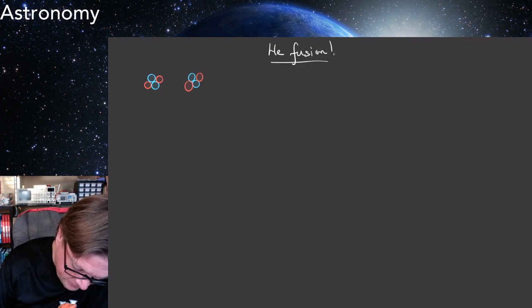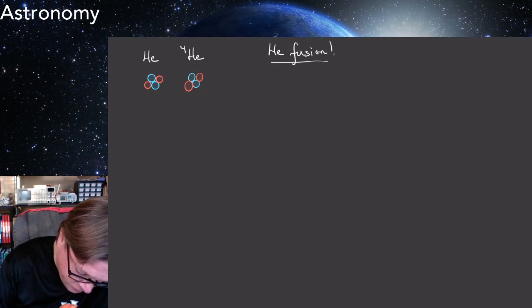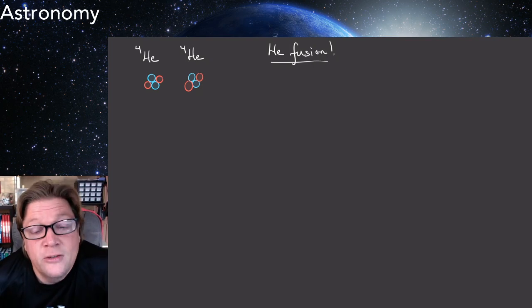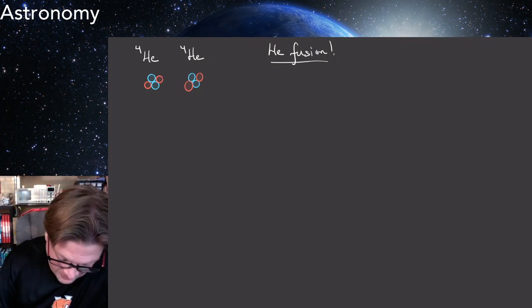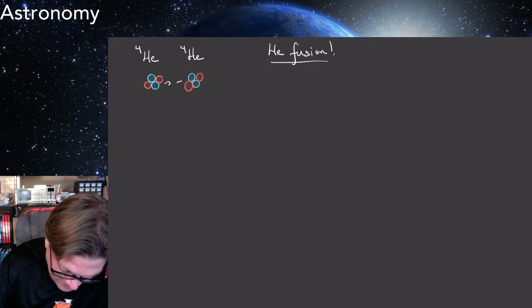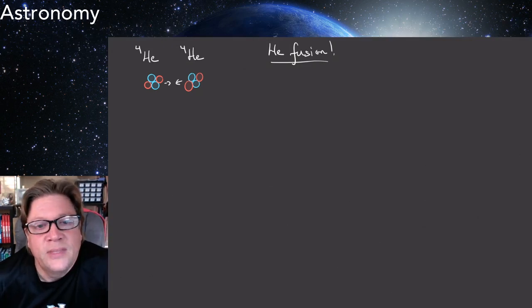Let me try that again. Neat. Okay, so I've got helium, and remember this is helium-4 and helium-4. Remember this is 2 protons, 2 neutrons each. All right, so if they combine with each other, if they fuse, what do you think you get?